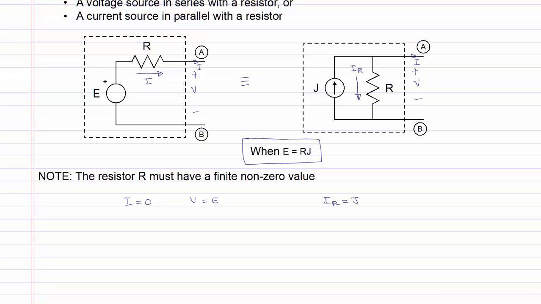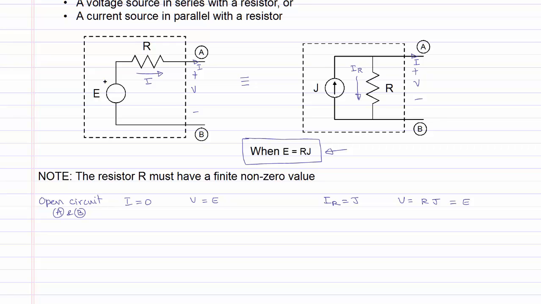And the voltage V on the right-hand side circuit will be equal to R times J. And for equivalence, the voltage E on the left-hand circuit must be equal to R times J, which is exactly the condition given for equivalence, and therefore these two circuits are equivalent if nothing is connected to the terminals A and B.